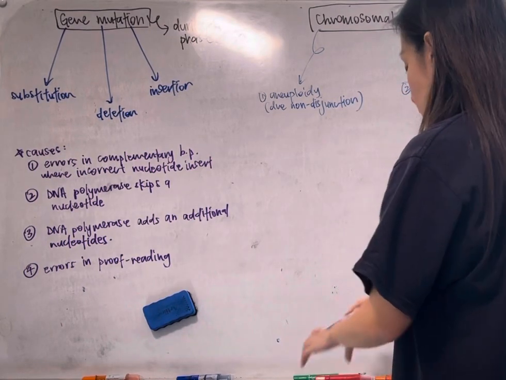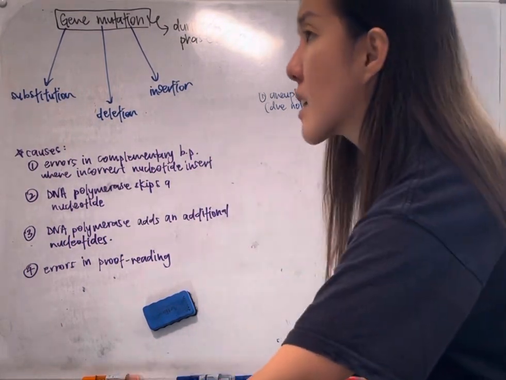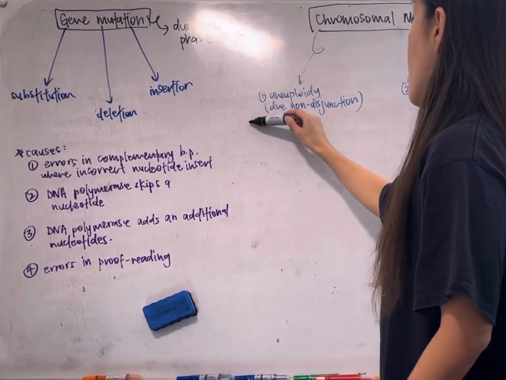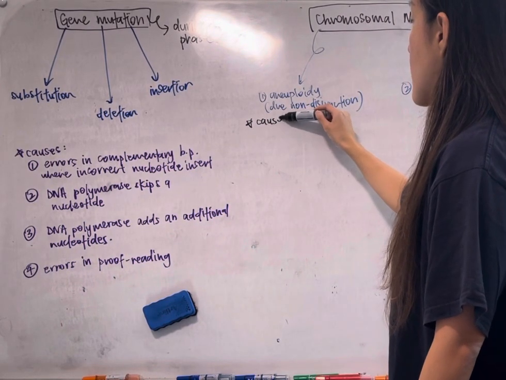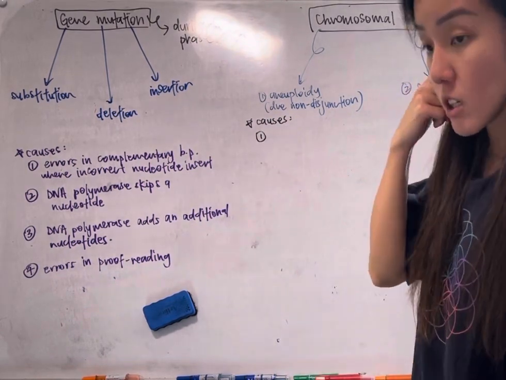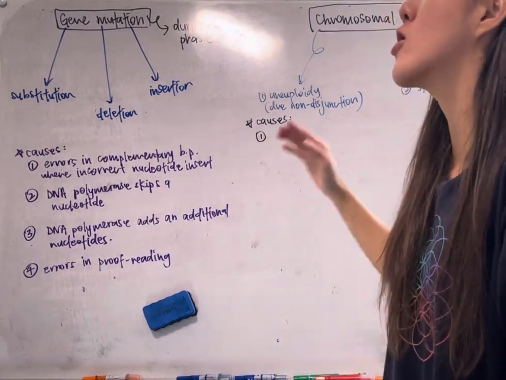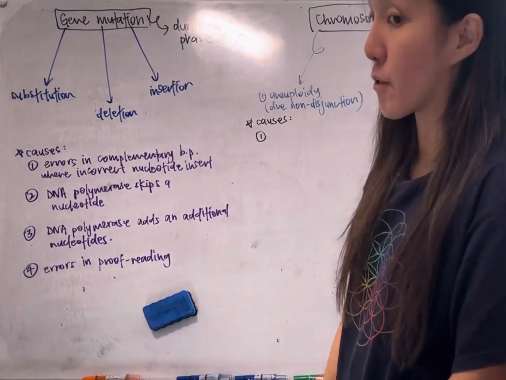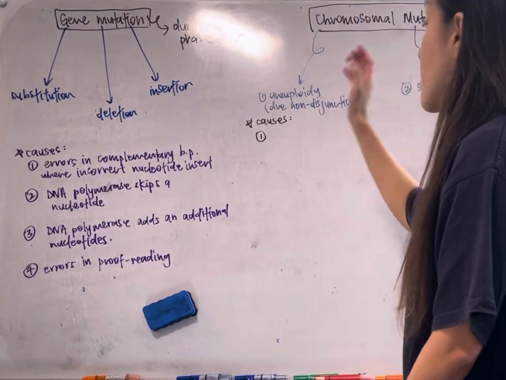This is always the phrase side by side. Now let's ask, what are the causes of aneuploidy? Ashley, what do you think can be a cause that can lead to non-disjunction or aneuploidy? Because we know non-disjunction means failure to separate, right? So what could be a possible cause there?